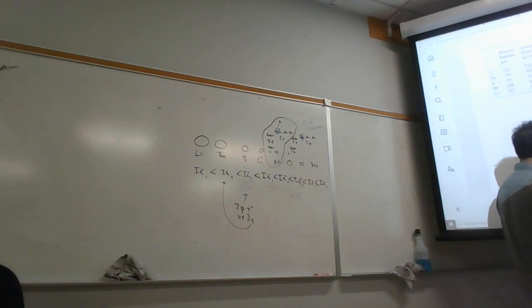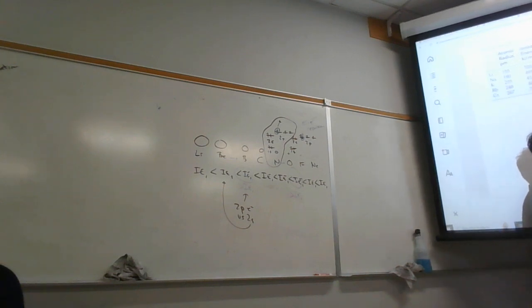But when we go to the third ionization energy, it is now 7,000. And so do you see the pattern here? The pattern is this. When we try to ionize what we call a core electron, the ionization energy shows a dramatic jump. However, when we're ionizing valence electrons, the ionization energy does significantly increase, but not nearly as much as core.